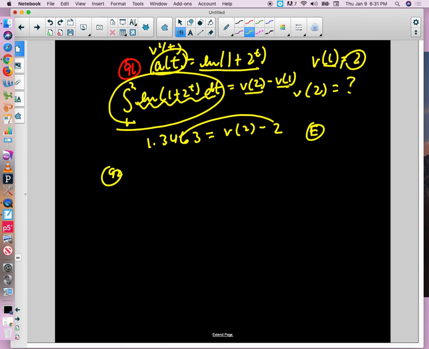Number 92. G of x is equal to the integral from 0 to x of sine of t squared dt. Notice how if you integrate this and fill in top and bottom, it would become a function of x. And negative 1 is less than or equal to x is less than or equal to 3.